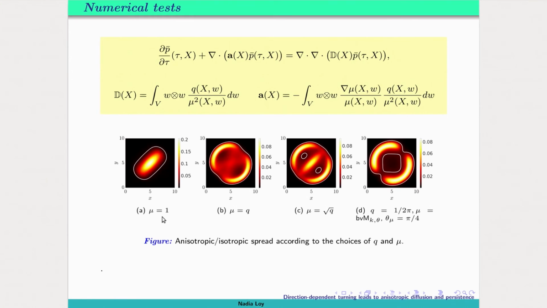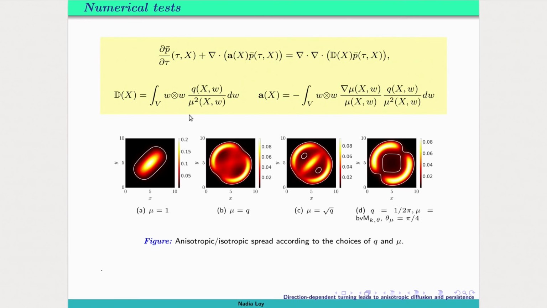So if we consider this distribution of fibers along pi 4, then if mu is constant, we have, of course, an isotropic diffusion along pi 4. While if mu is equal to Q, as pi 4 now is also the direction of highest turning rates, then we have that the diffusion is in the orthogonal direction to pi 4.